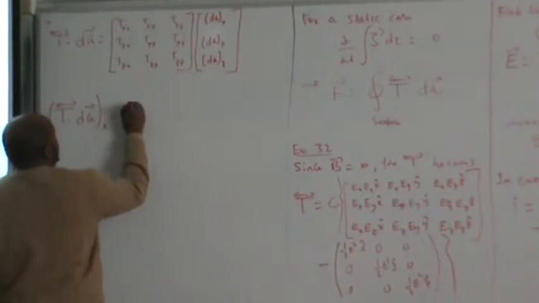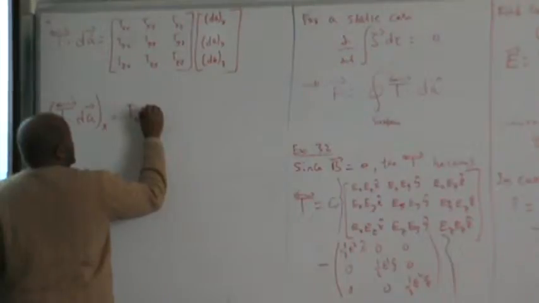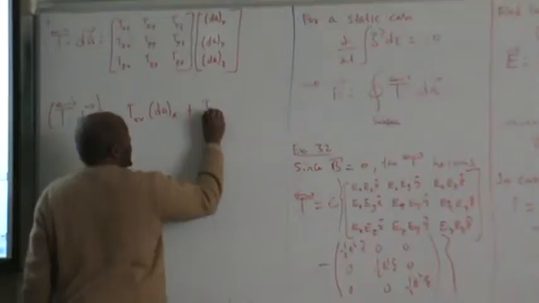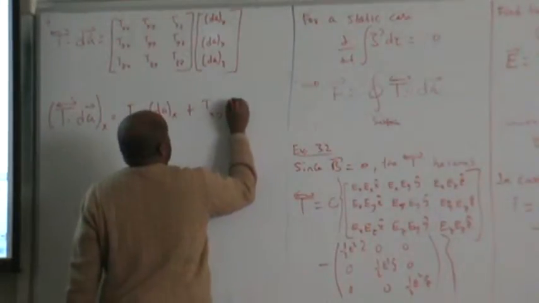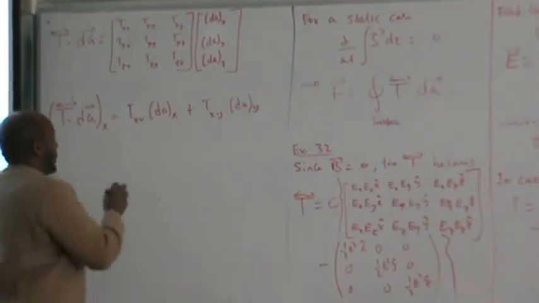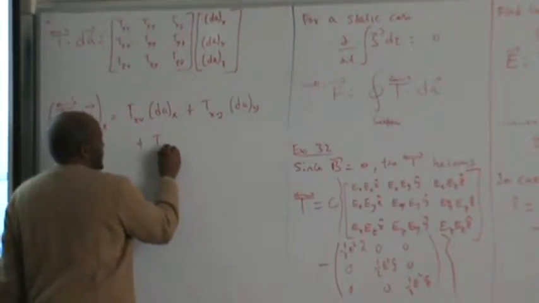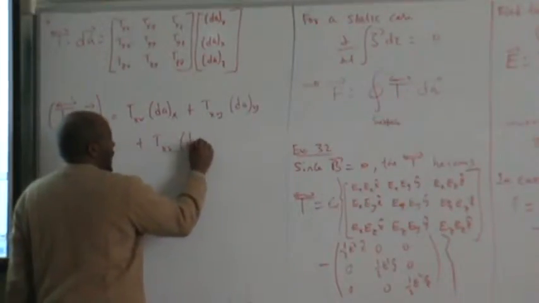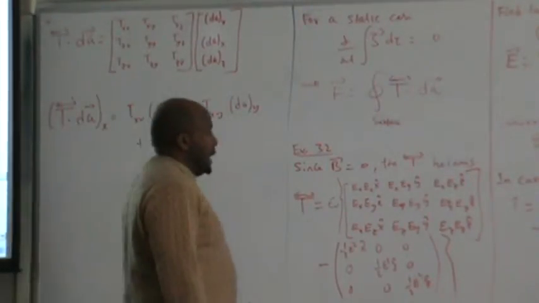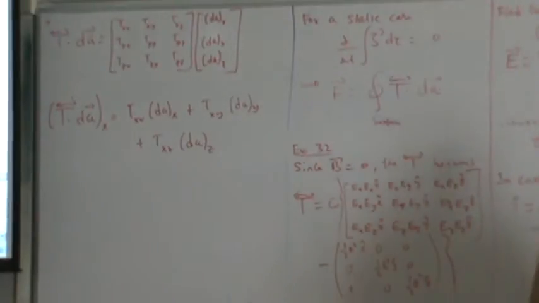So that's going to be Txx dAx plus Txy dAy plus Txz dAz. All right? So this is what we need to carry out the integration for.